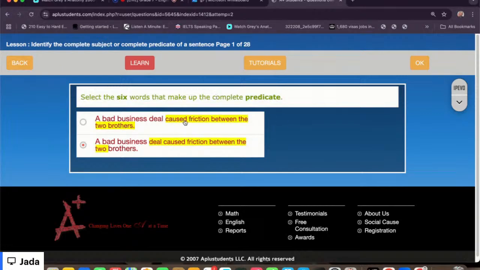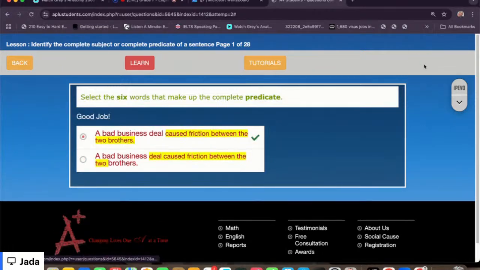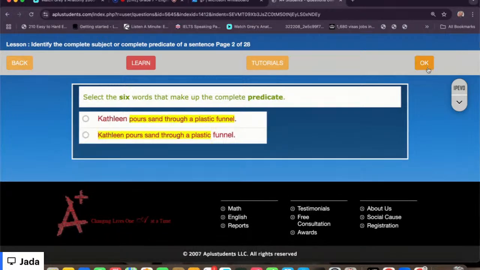It will be the first one because it is the six words that make up the complete predicate. Next, curtling poured sand through a plastic funnel. So six words that make up the complete predicate here also.